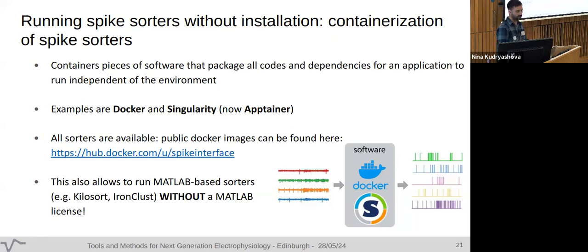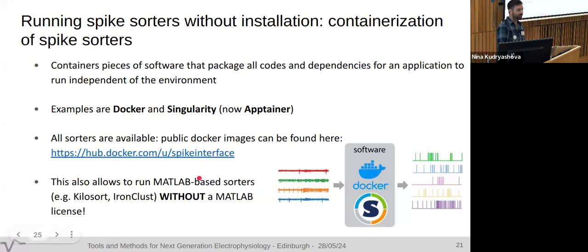Containers are pieces of software that package the software itself and all its dependencies in an isolated environment, and they can run on your machine that acts as a host, in a sort of subsystem with all these dependencies. Examples of these containers are Docker and Singularity or Apptainer. So we built images for all these sorters, which are publicly available.